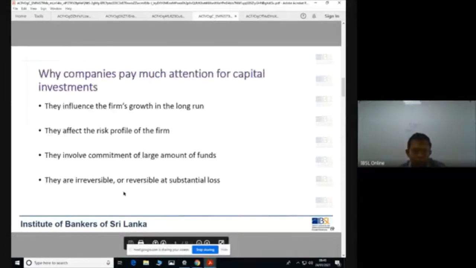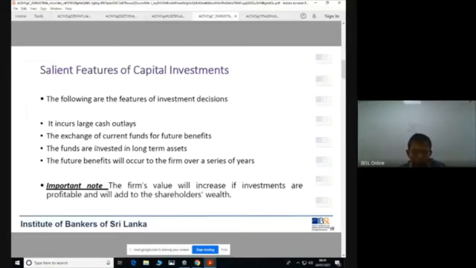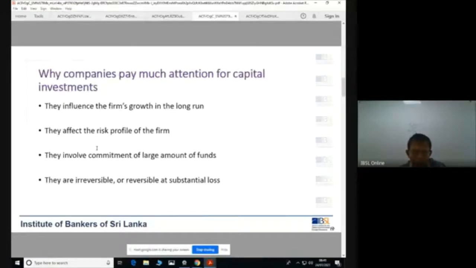You can read this. Now this is purchasing a machine, it is also a project. Salient features of income.